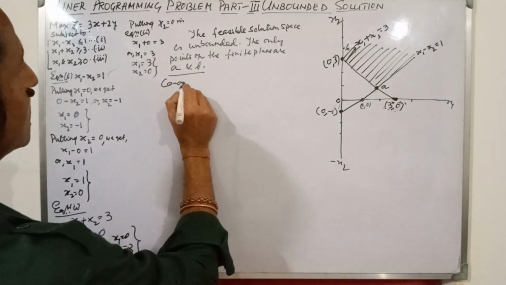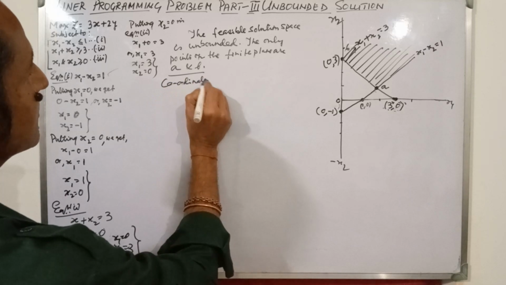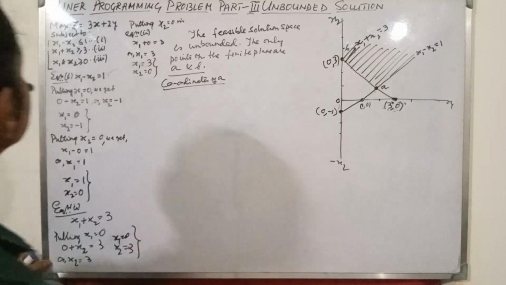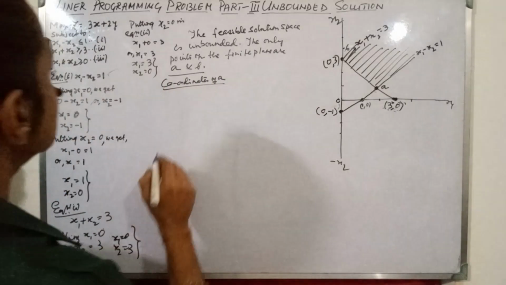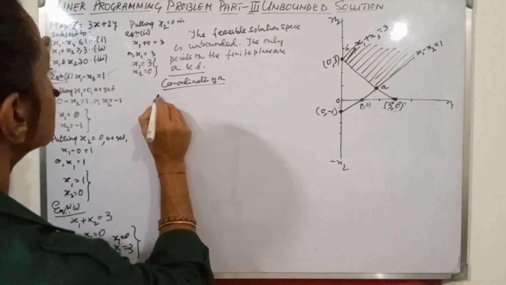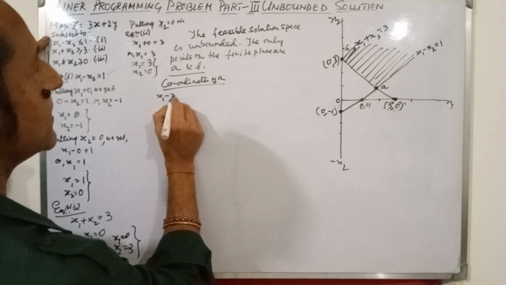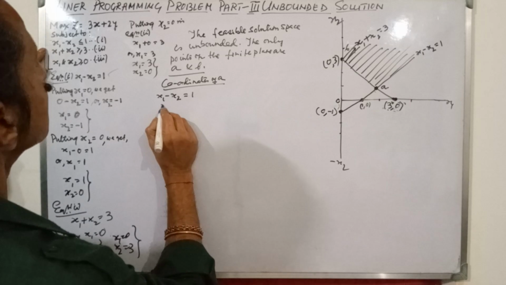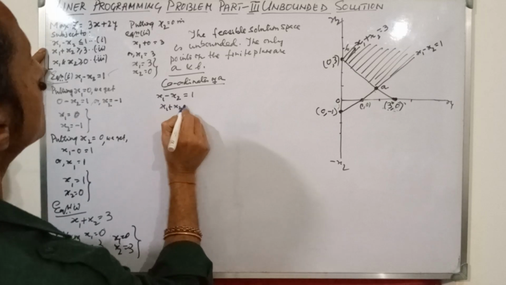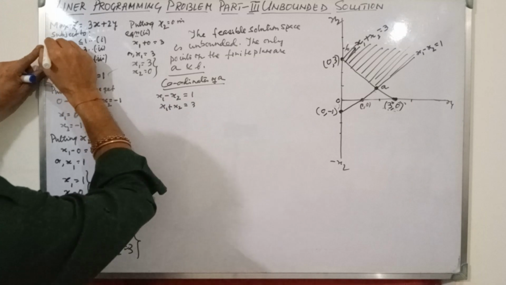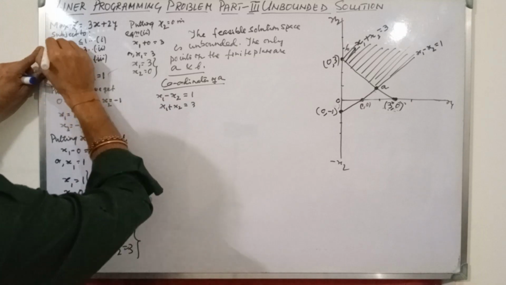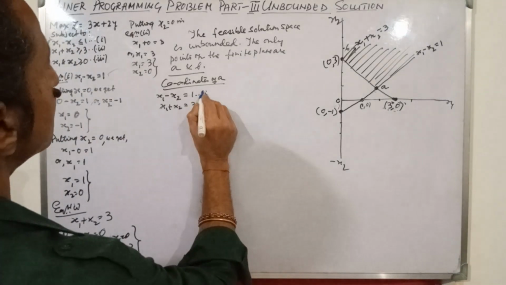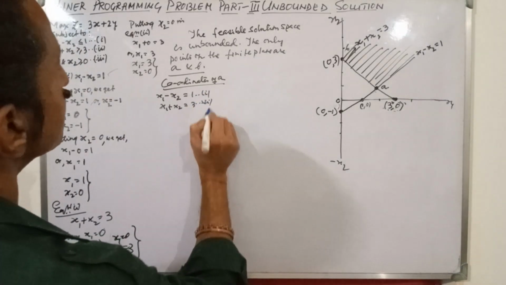So coordinates of A. We solve these two linear equations, that is, two linear constraints: x1 minus x2 equals 1 and x1 plus x2 equals 3. This is equation 1, this is equation 2.